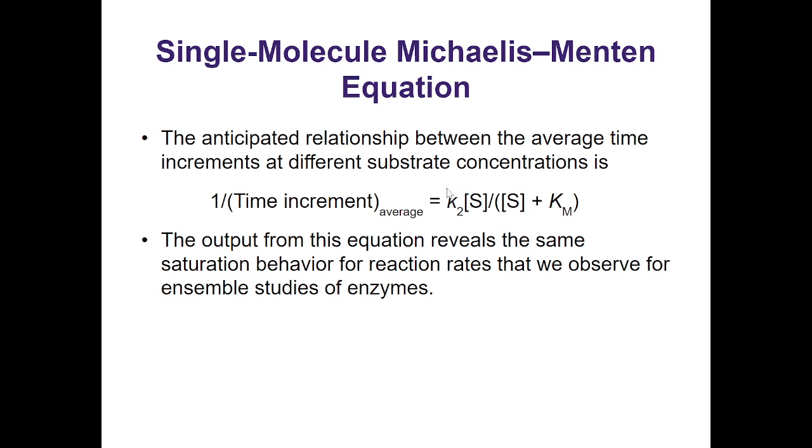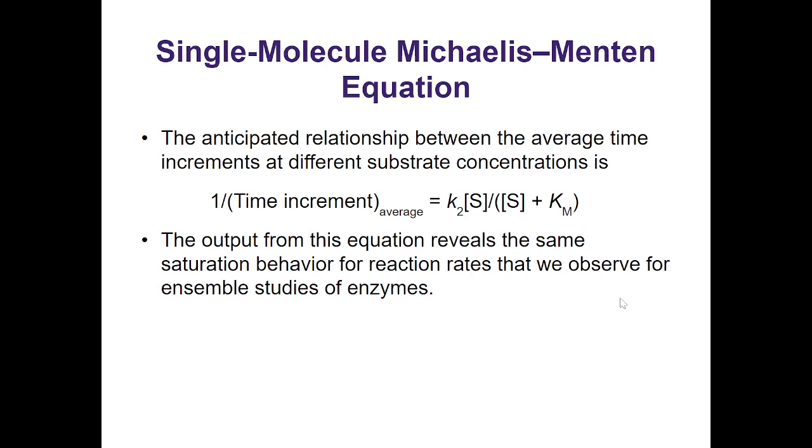This term right here is the reaction going to product. This, by the way, would be in hertz, cycles, like RPMs in your car: how many times this happens per second.